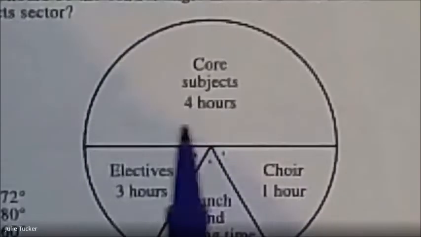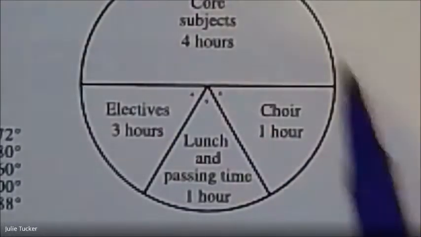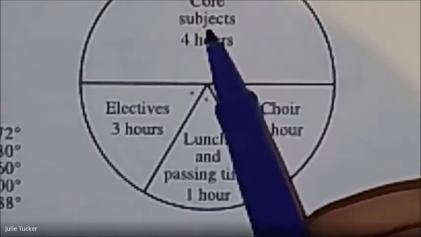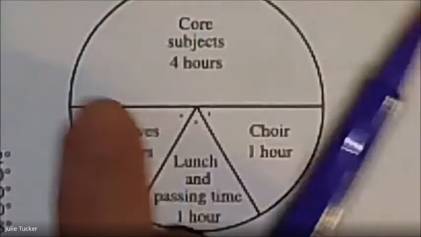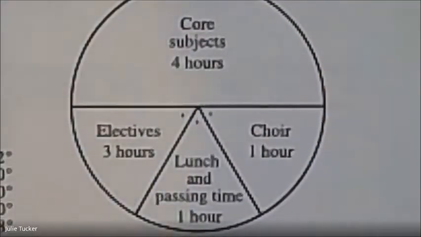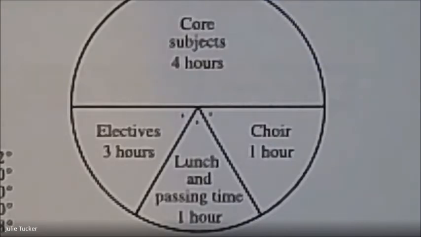So that would mean the whole thing has to total 8, but it doesn't, because look at this. 3 + 1 + 1 is 5 + 4 is 9. So this wedge is too big. It should be a little bit smaller. So that's what they're trying to say. They're saying the central angle sectors are not right.